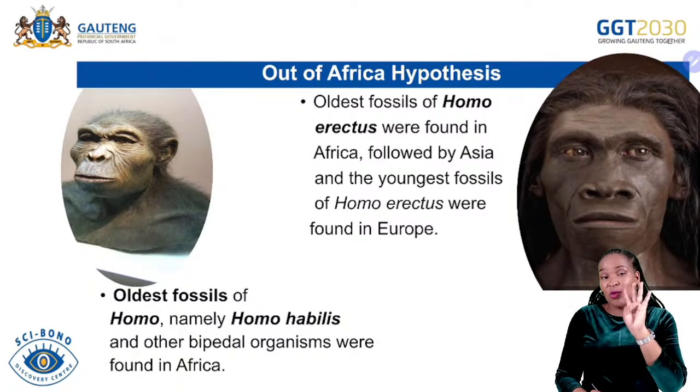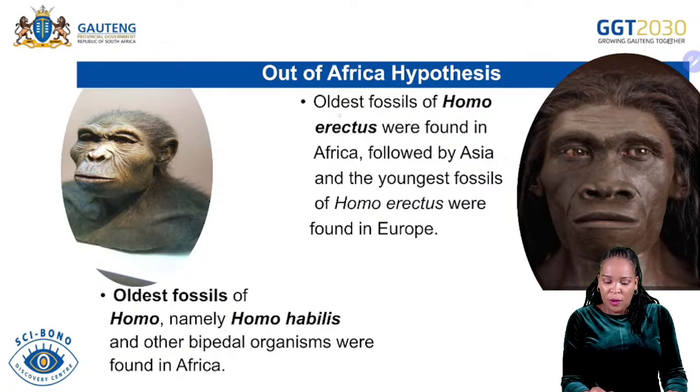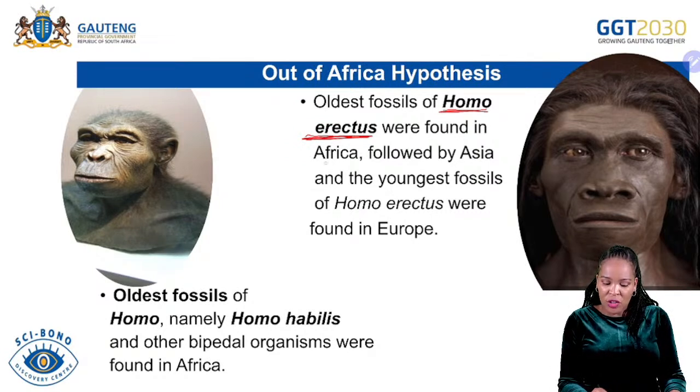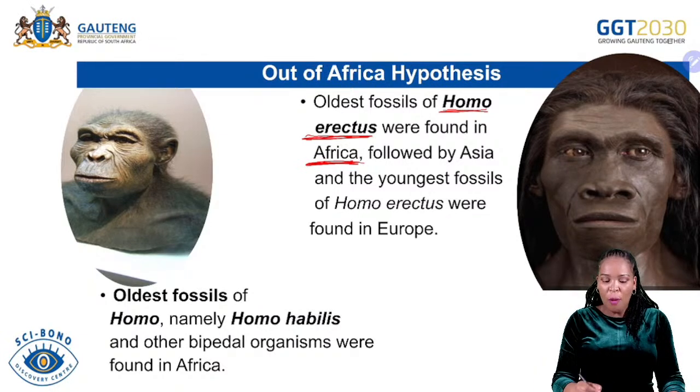Another one. Remember, we want to collect 4 marks actually for this question. We're still wanting to support our out of Africa hypothesis. What did they use? They found that the oldest fossil of Homo erectus, remember Homo erectus is the species that came after Homo habilis, were found in Africa. Which one first? Africa. It's still supporting what? The out of Africa hypothesis. So the Homo erectus were found in Africa, then followed by Asia, and the youngest fossils of Homo erectus were found in Europe.